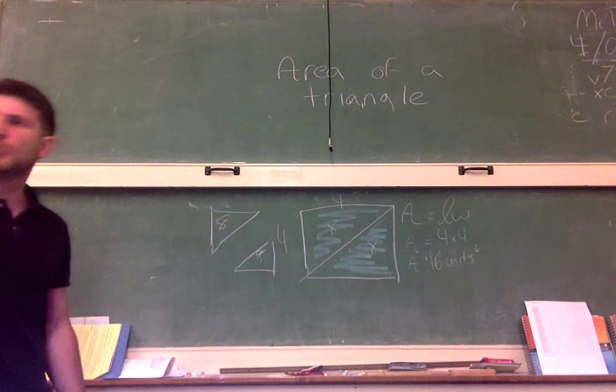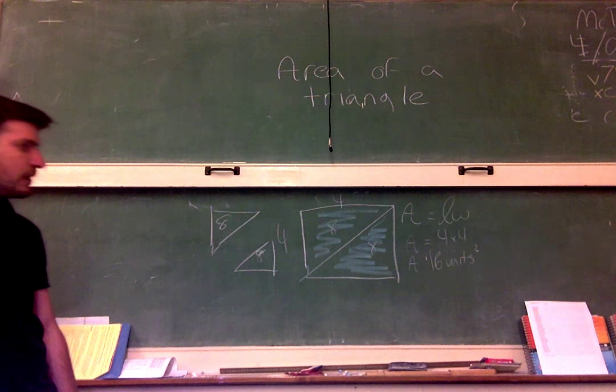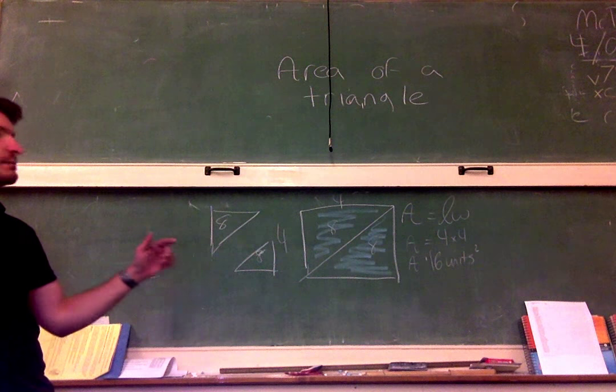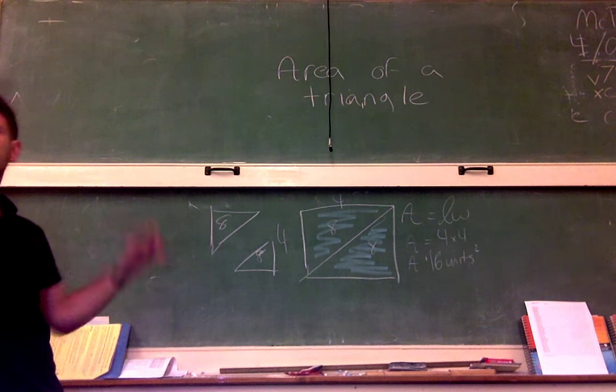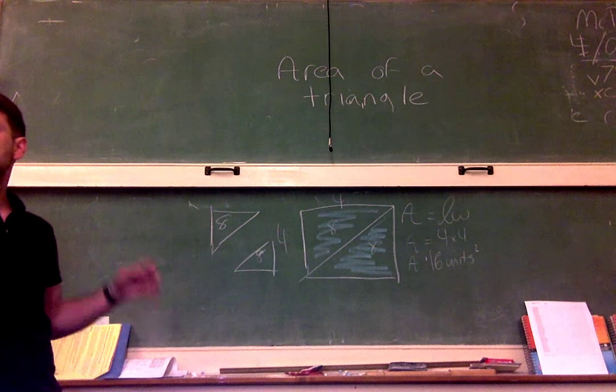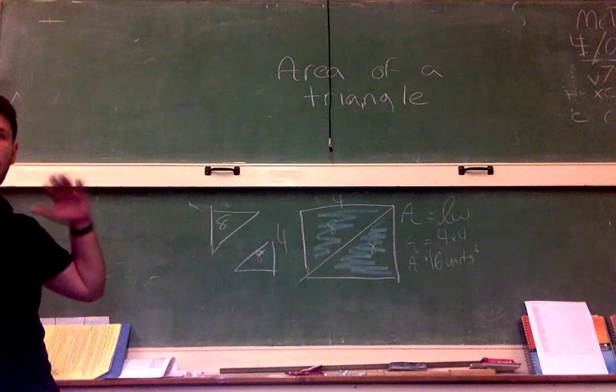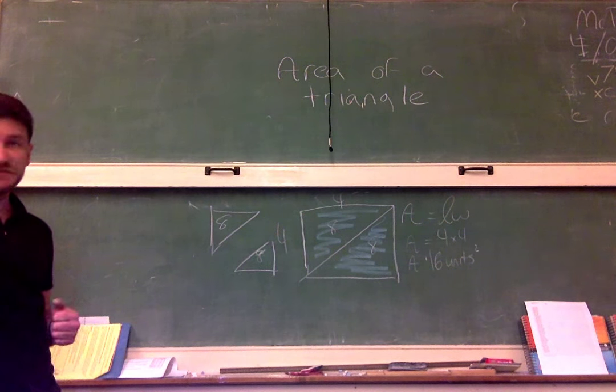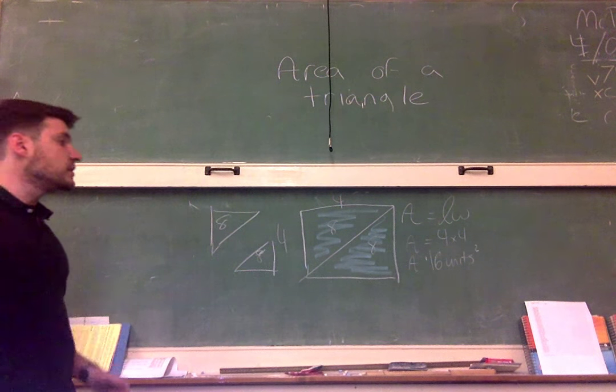Which begs the question, could you simply say, to find the area of a triangle, take the area of a square and divide it in half? That's absolutely right. So let's take a look.